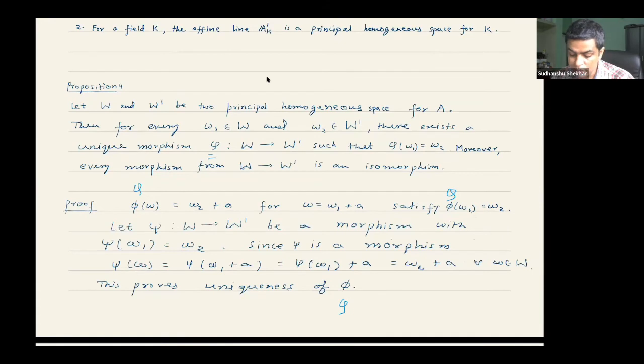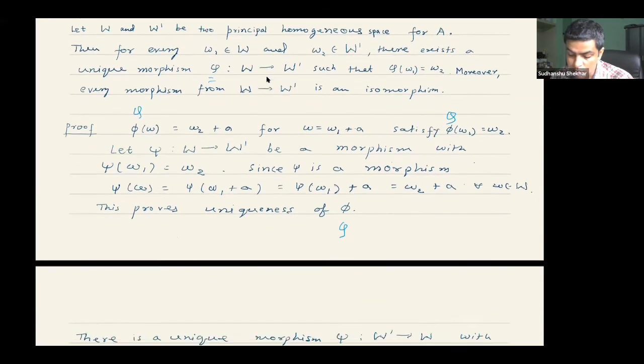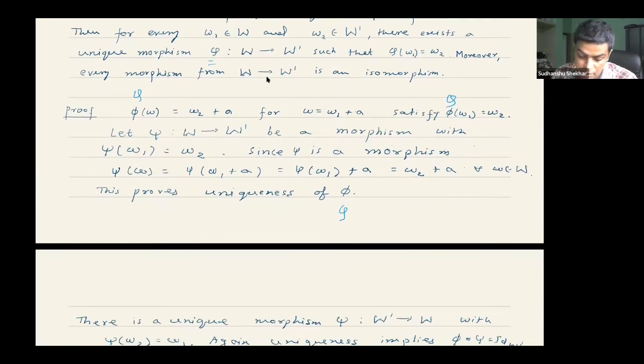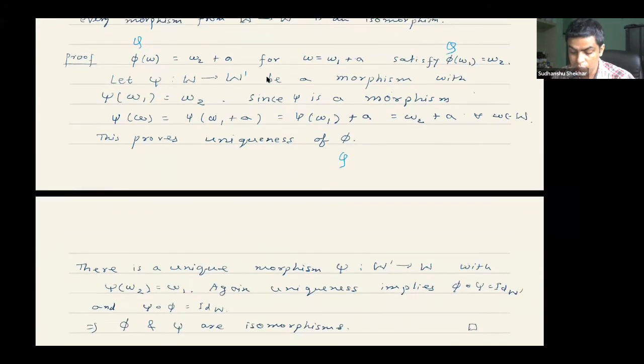Now for uniqueness, we need to notice that if I have any such morphism psi, then because it's a morphism of principal homogeneous spaces, it will satisfy psi of W1 plus A equal to psi of W1 plus A, and that is equal to W2 plus A. So it just agrees with this function, and therefore we have only one such.